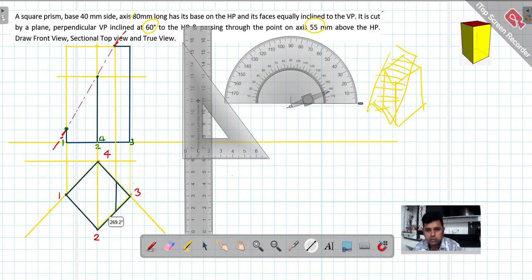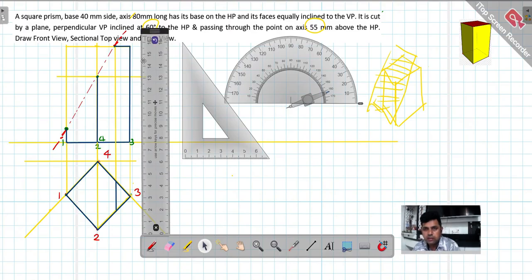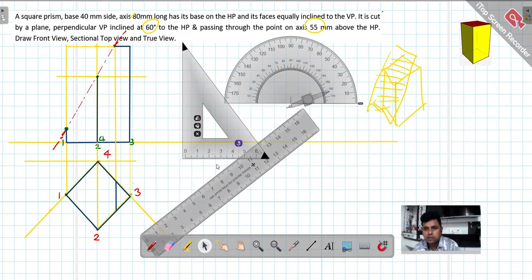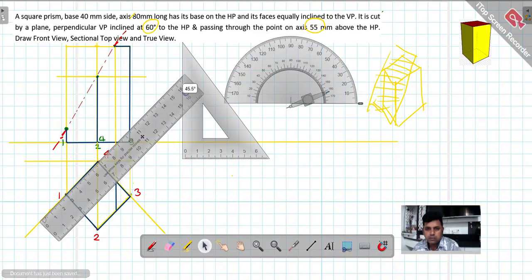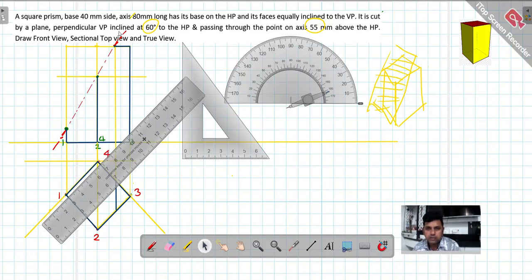This is from where it cut down. So I am taking the scale again. I am inclining it at 45 degree roughly, not exactly. See, but it does look exact.